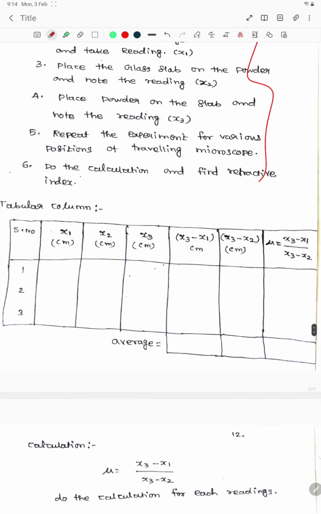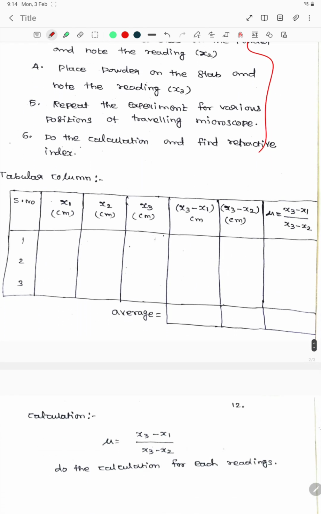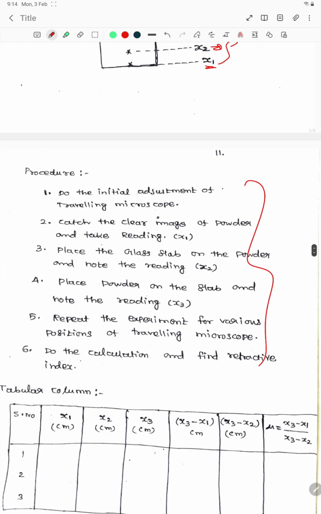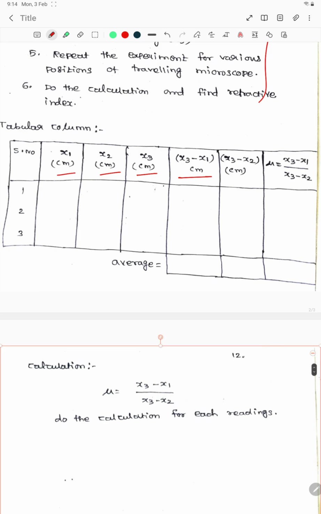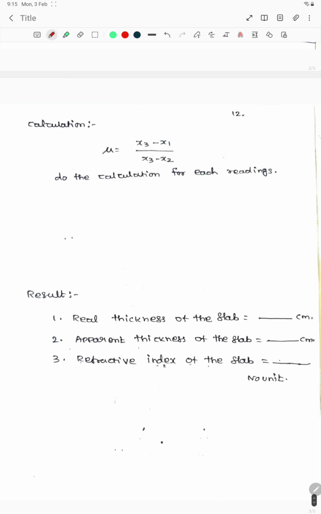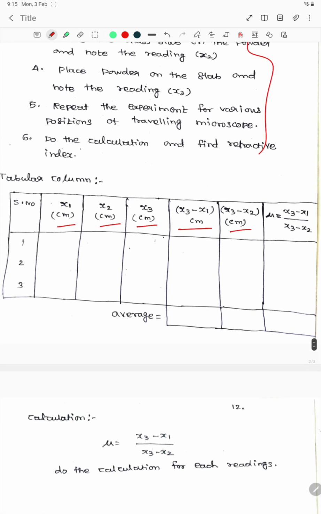While doing the calculation, you will draw the table. First is serial number, and then you will have x1, x2, x3, x3 minus x1, x3 minus x2, and then the refractive index, x3 minus x1 divided by x3 minus x2.